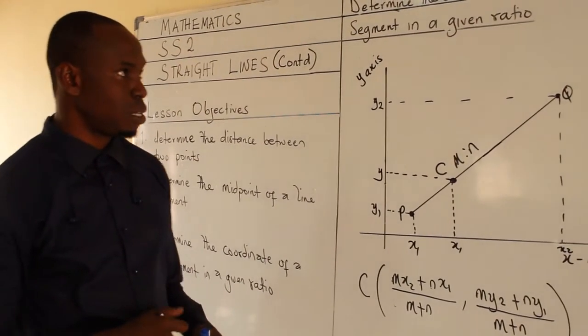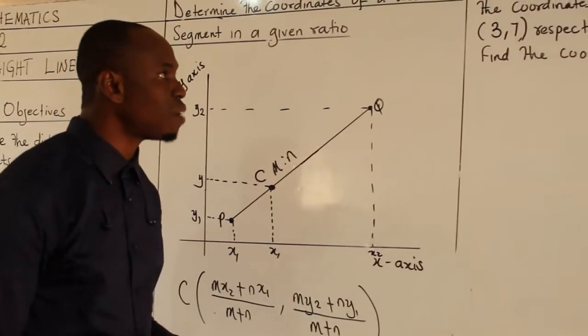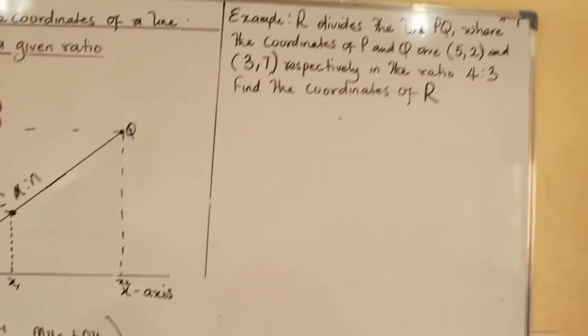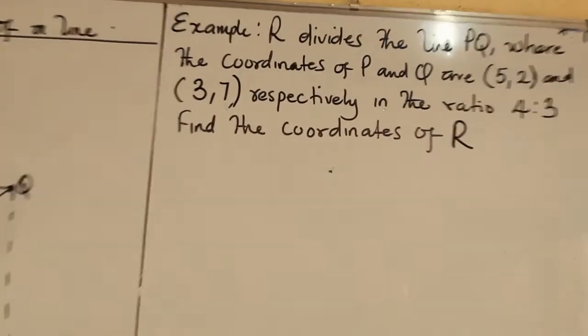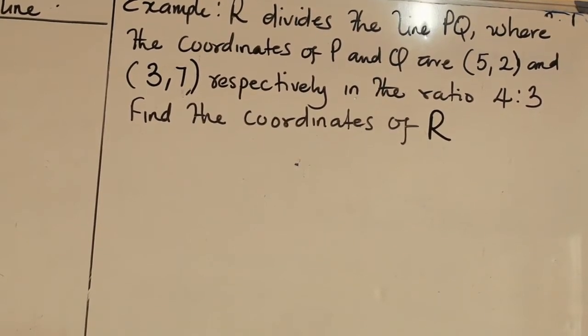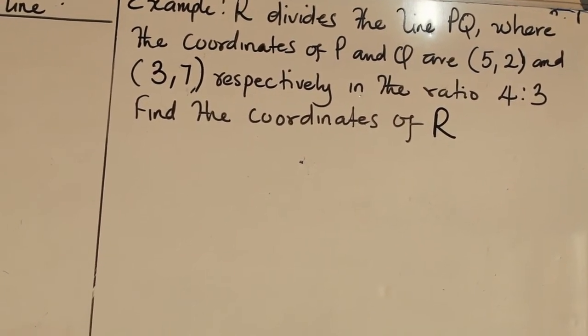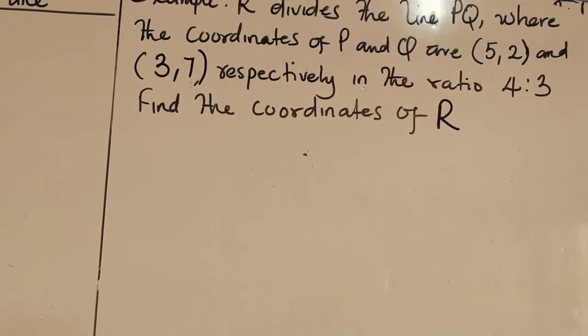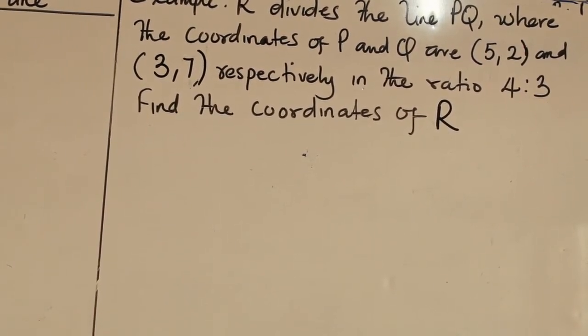And the example says that R divides the line PQ, where the coordinates of P and Q are (5, 2) and (3, 7) respectively, in the ratio 4 is to 3.